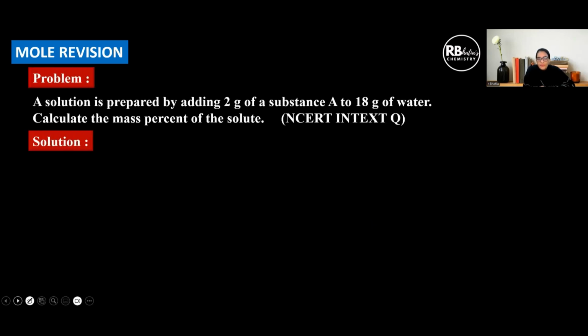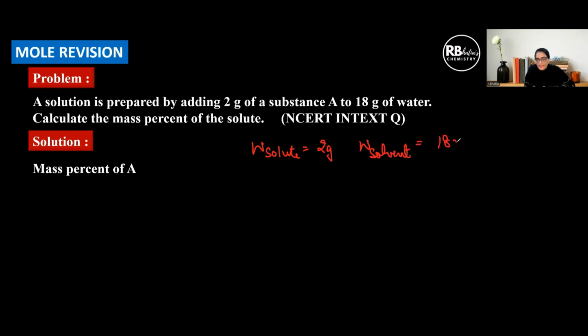As an example, this is the NCERT in-text question: a solution is prepared by adding 2 gram of a substance to 18 gram of water. Very important to understand, weight of solute is 2 gram and weight of solvent, that is just water, is 18 gram.